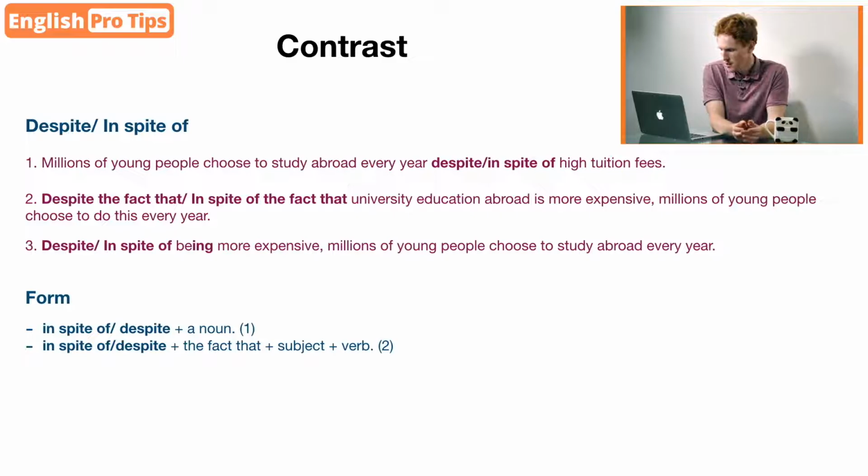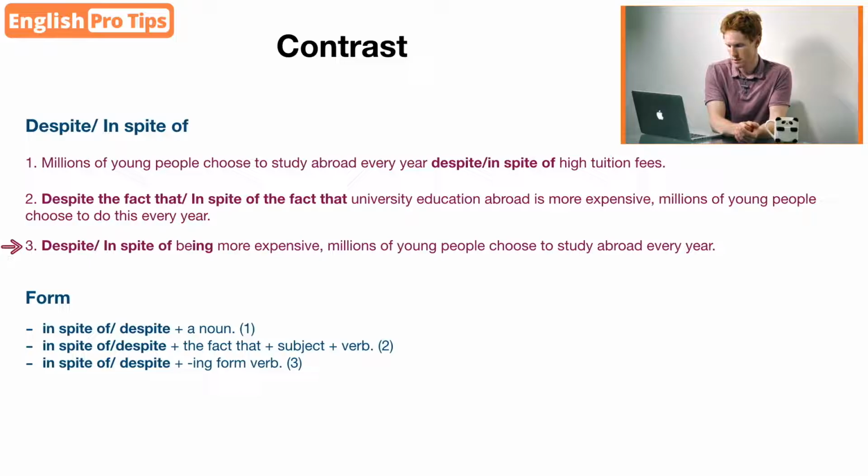So we can see that in sentence number 2. Despite the fact that, or in spite of the fact that, university education abroad is more expensive. And then the second clause. So here the subject is university education abroad and the verb is. Okay, we can also have in spite of or despite plus an ing verb, and that's what we see in sentence number 3.